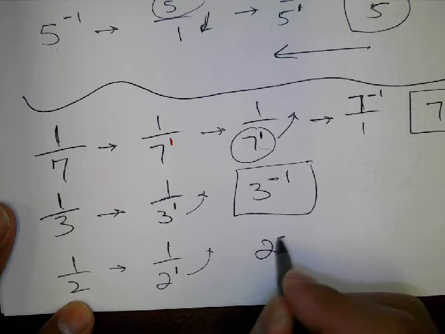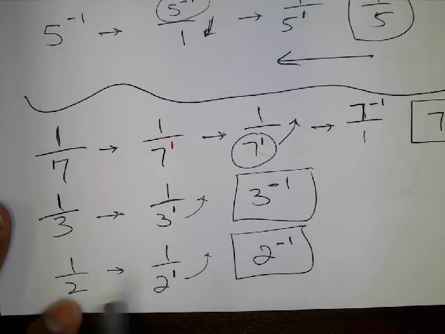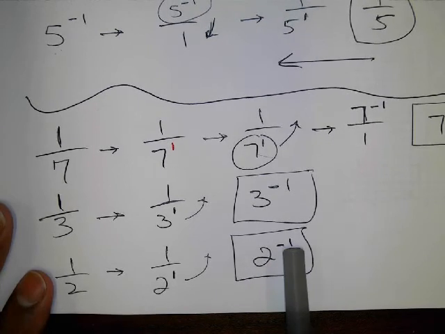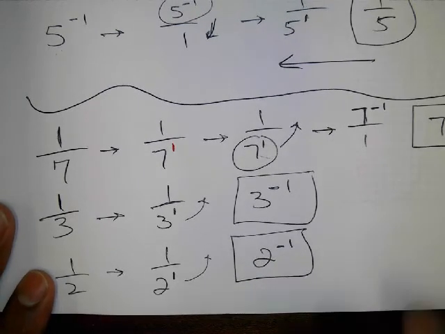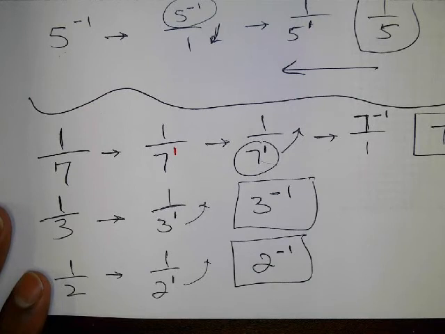Because it's positive here, and then when you move it up, it'll be 2 to the power of negative 1, right? That's what I'm talking about. You're going to be going backwards. You don't want a fraction. We want a base and an exponent.